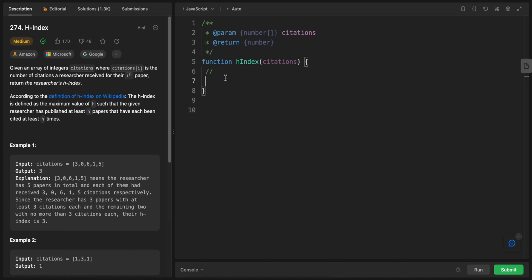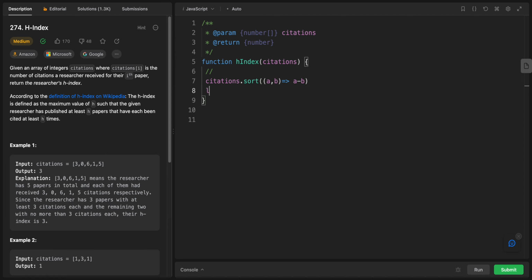So let's sort this array, with sort of a and b being a minus b. Right now we have sorted the array.